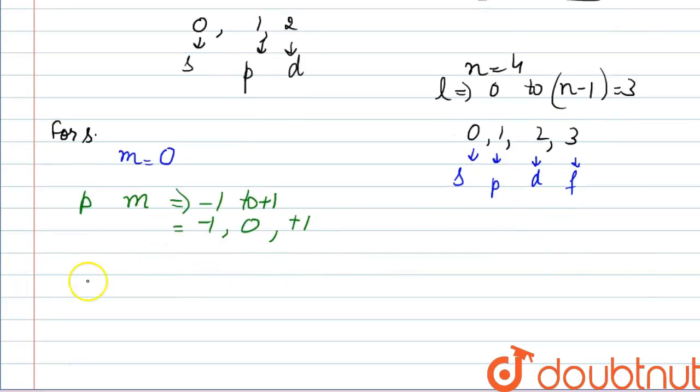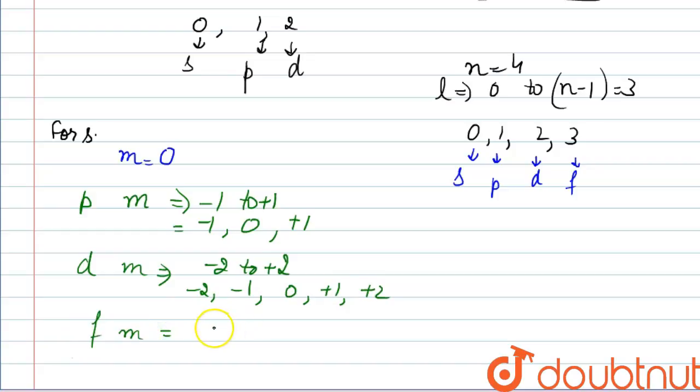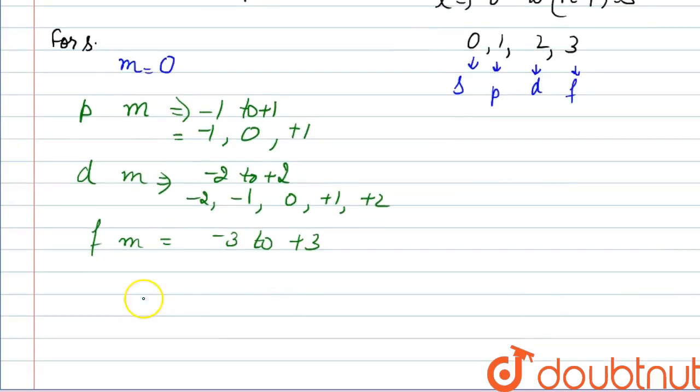For d, the value of m will be minus 2 to plus 2. So it will contain minus 2, minus 1, 0, plus 1, plus 2. And for f, the value of the magnetic quantum number will be minus 3 to plus 3. That will contain minus 3, minus 2, minus 1, 0, plus 1, plus 2 and plus 3.